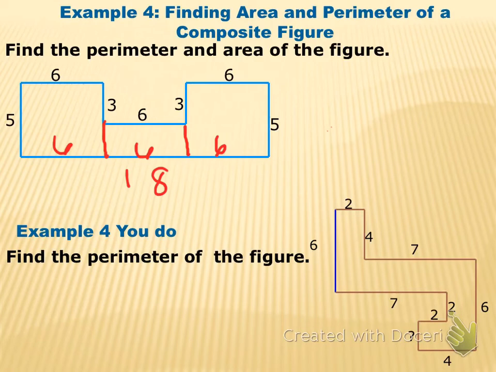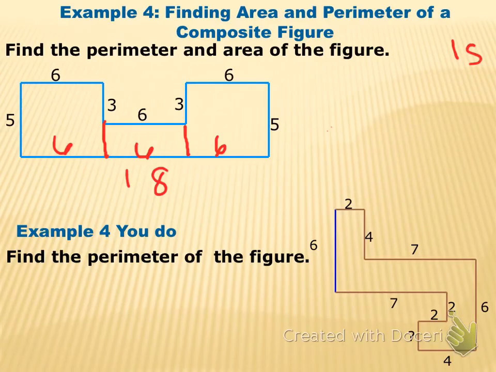And remember, to find the perimeter, all we have to do is add all the sides together. So if I just start at the bottom and work my way around, I can find out that it's 18 and then 5, 6, 3, 6, 3, 6, and 5.